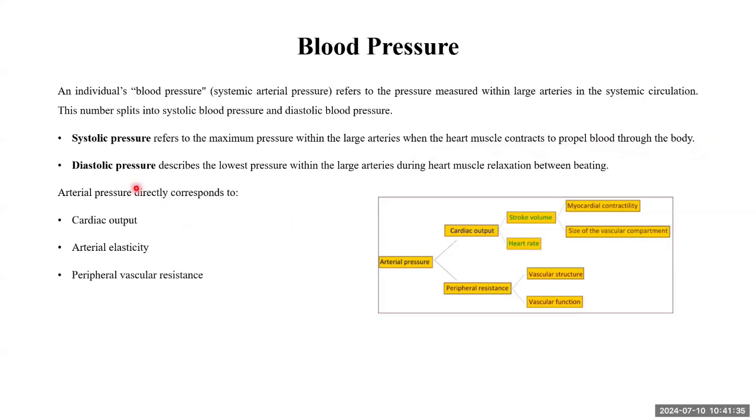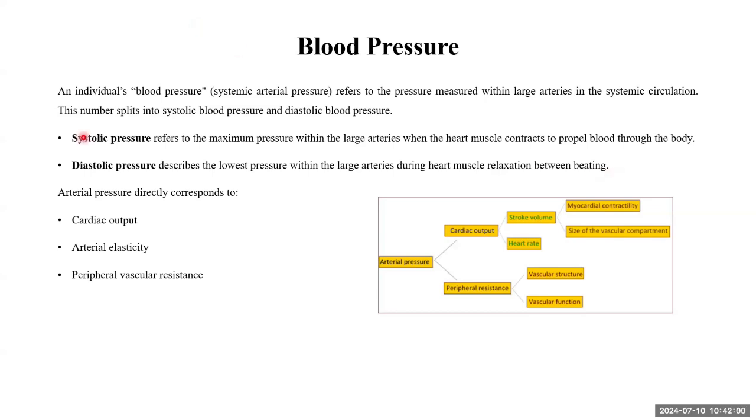Then next is the diastolic phase. It describes the lowest pressure within the large arteries during muscle relaxation between beats. Whenever there are two contractions, there is a relaxation phase in between to allow the heart to fill with blood completely and be ready for the next contraction.